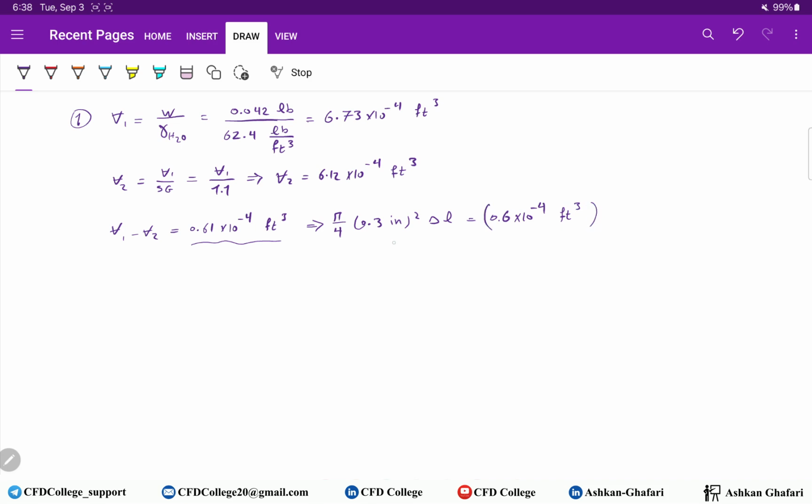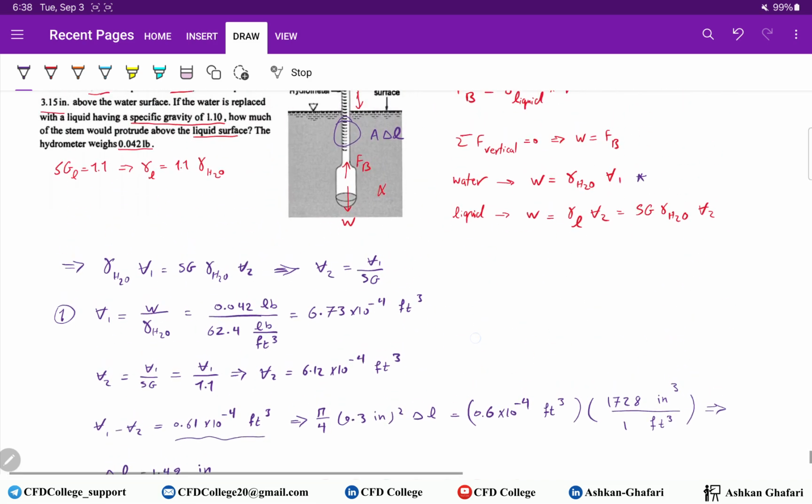And since on the left hand side we have inches, we should convert the right hand side. Every 1728 cubic inch equals 1 cubic feet. So from this you can find delta L equals 1.49 inches.